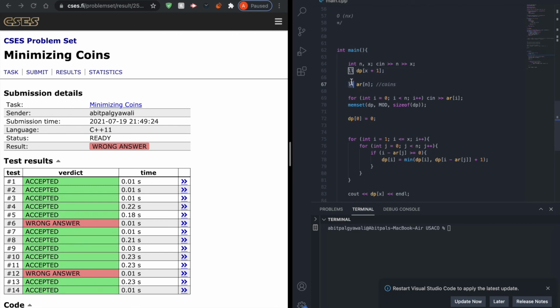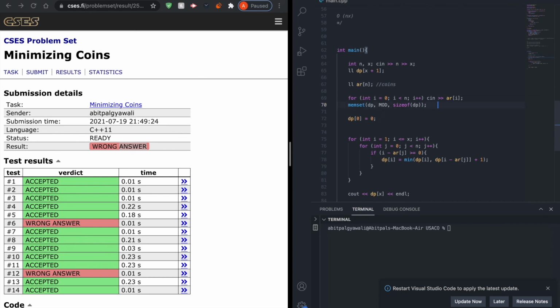This is just a lookout in case we're having an integer overflow, so we're just making it long. It's still going to work under the memory and time constraints, so it's safe to do that.